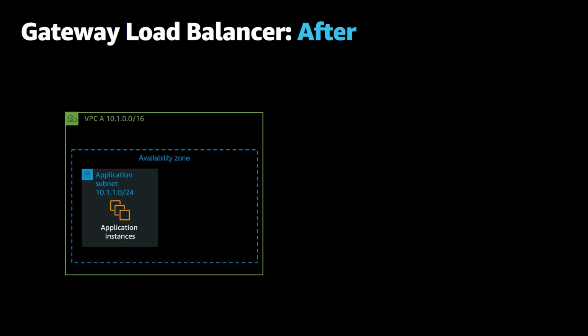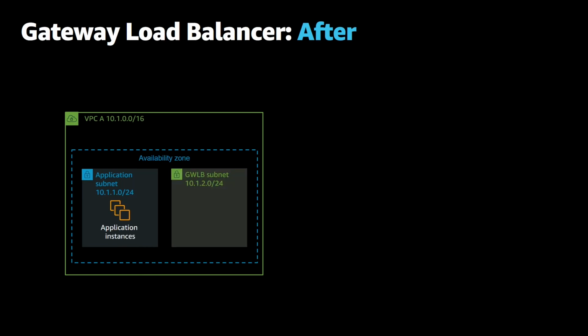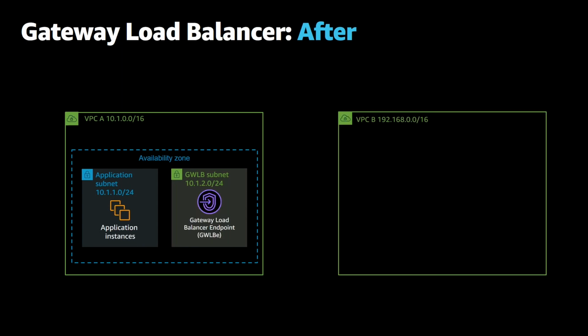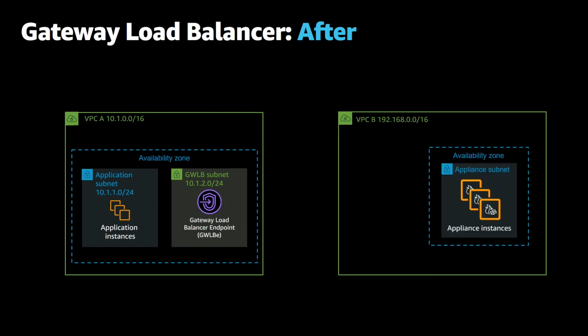So let's go through some traffic flows here. I have my application instances living in this availability zone, and then I have my gateway load balancer endpoint. I have another VPC with my appliance instances, and that's where I have my gateway load balancer right there, right?